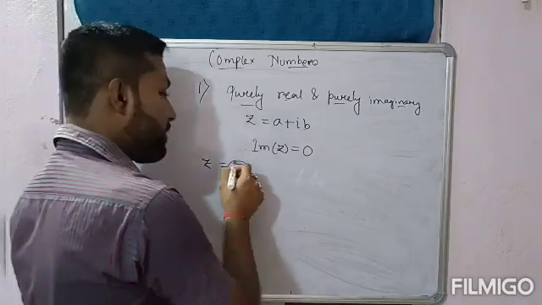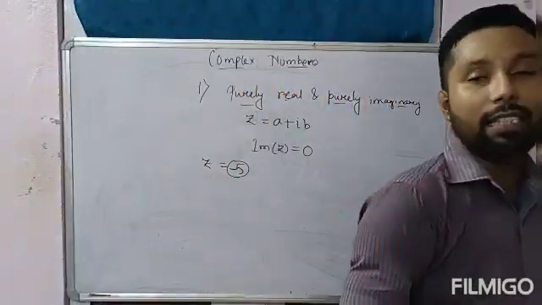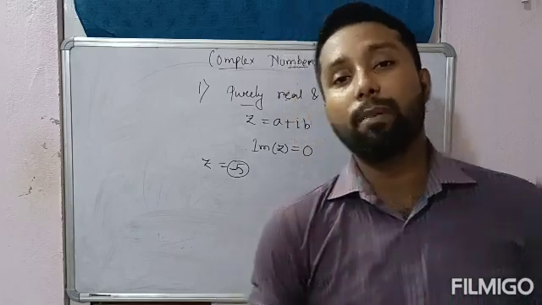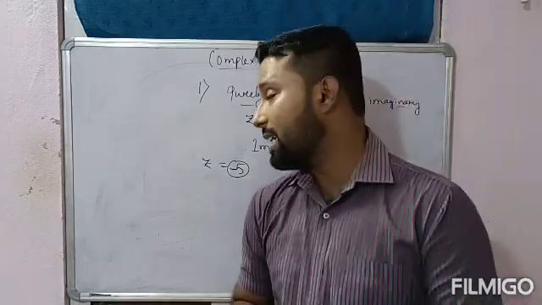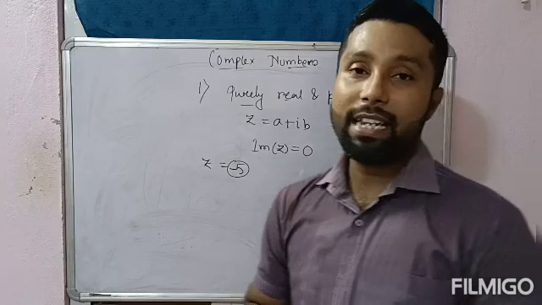Simply -5 I have written. There is no i, right? The term which is free from i is called purely real. Okay, so that means clearly we can say that it is a purely real number.